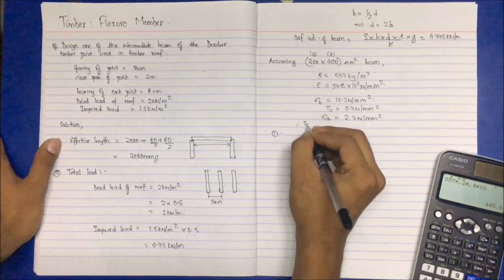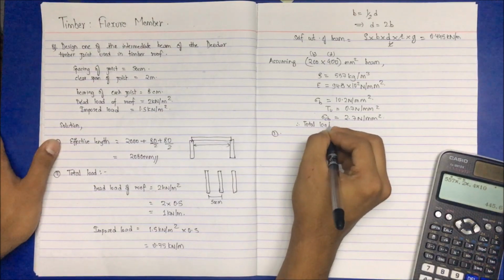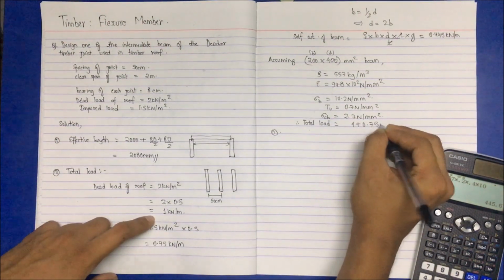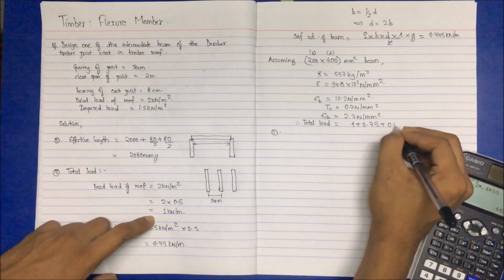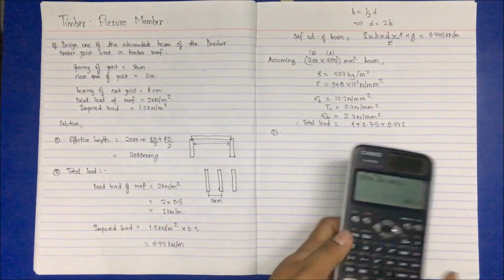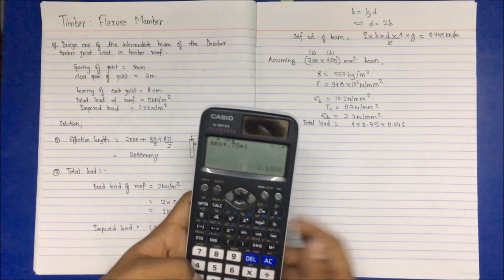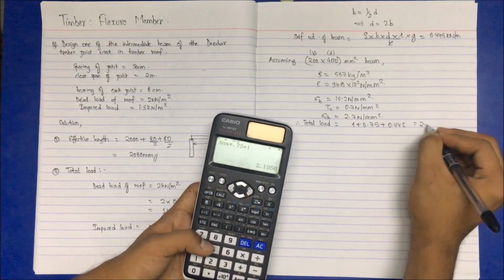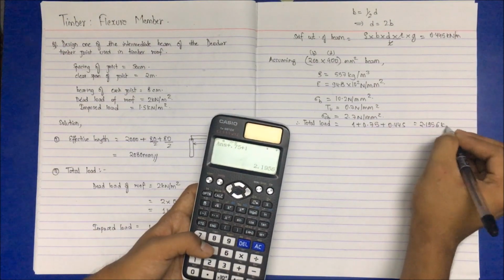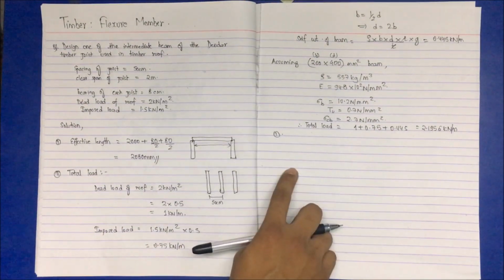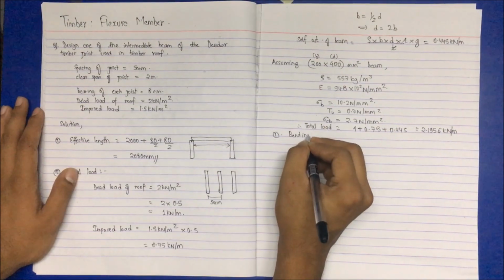Therefore total load is equal to 1 plus 0.75 plus 0.445, which is 2.1956 kilonewton per meter.